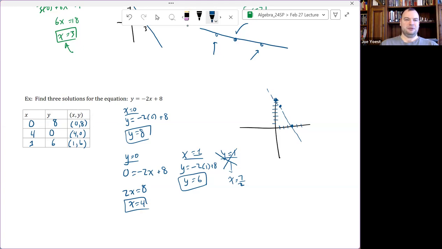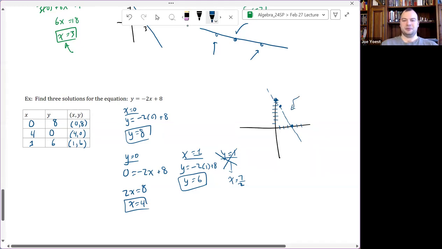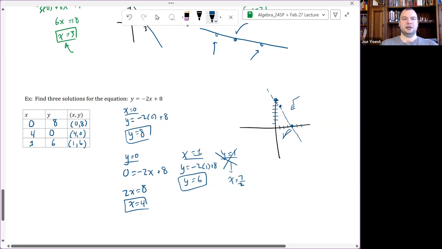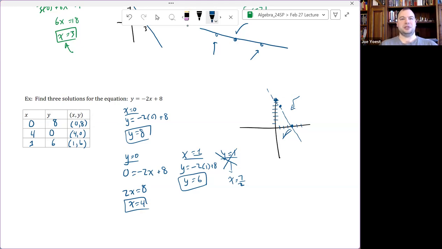But if our goal is to draw a line eventually, to graph the points and draw a line through them, we might want to engineer things a little bit so that we have points that are easier to place. This is especially true graphing by hand. It's also very true when we're dealing with WebAssign tools. I don't want to try to figure out how to get WebAssign to recognize, like, 1 2/3, 7/16 or something.